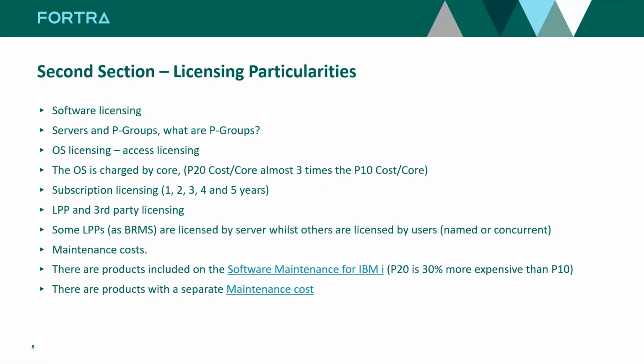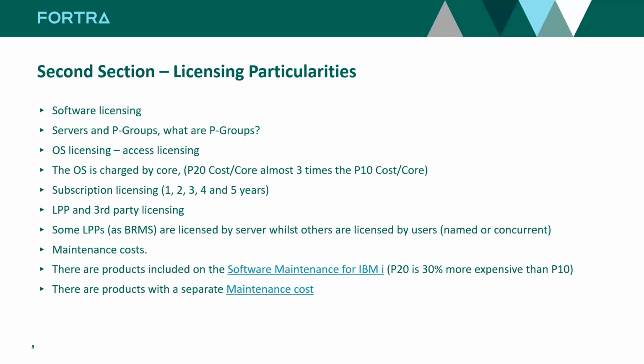Some of the LPPs, like BRMS, are licensed by server. I mean, you buy one BRMS license for the entire server, while other LPPs are licensed by users, which can be named or concurrent users.